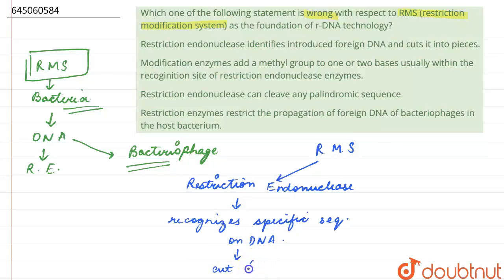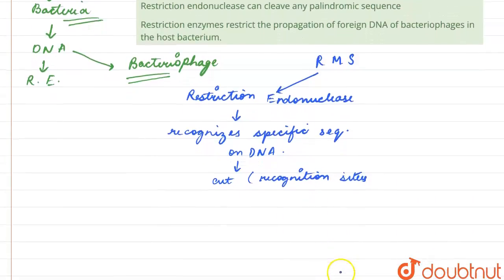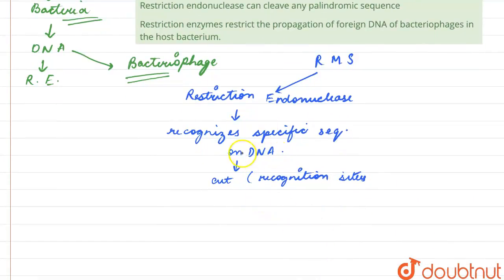So these sites are called the recognition sites. The restriction endonuclease will cut the specific sequences, or these recognition sites.